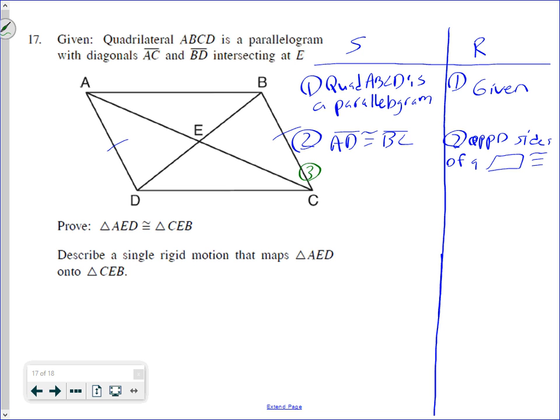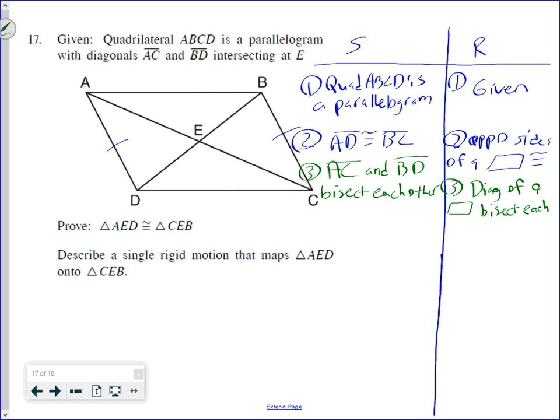Next, I'm going to say AC and BD bisect each other. Now, why is that true? Because the diagonals of a parallelogram bisect each other.